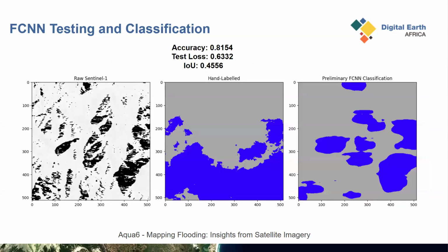Currently, what our model looks like, the accuracy is at about 80% for the test. This is a test on that unseen data. But the loss is still quite high, and the intersection over union could be better, obviously.